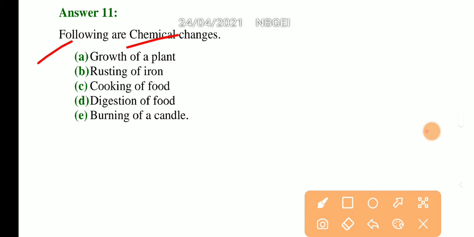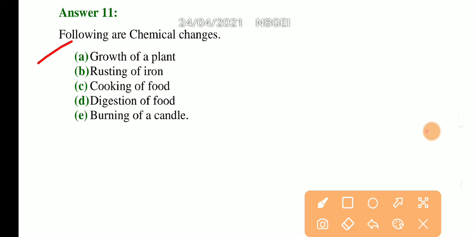In chemical changes, the shape and size change, and their chemical property also changes. But in physical changes, the shape and size change, but their chemical nature does not change. So these are physical changes and chemical changes. So you have to identify the chemical changes.